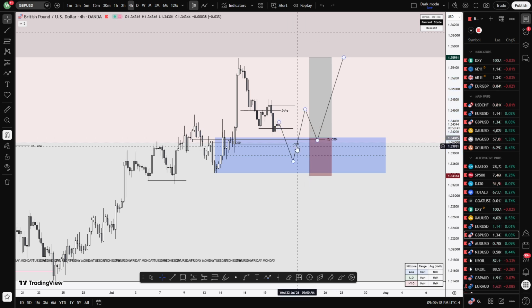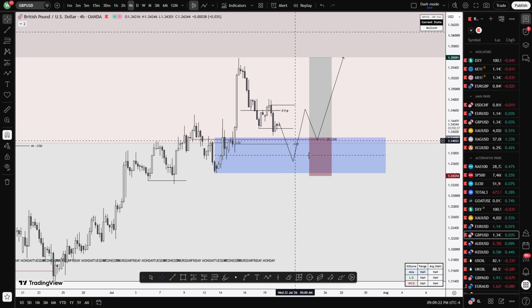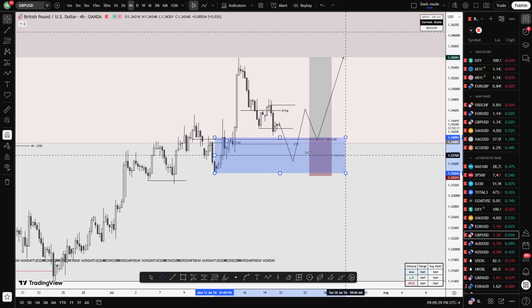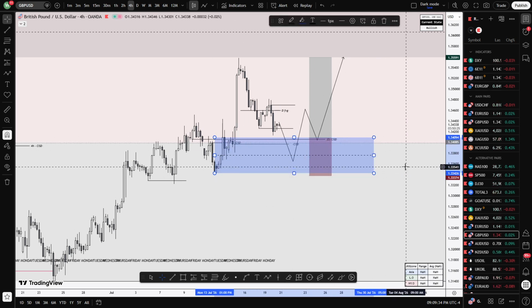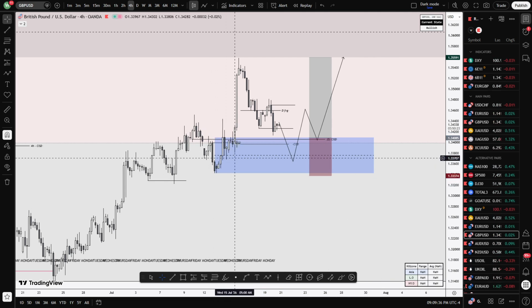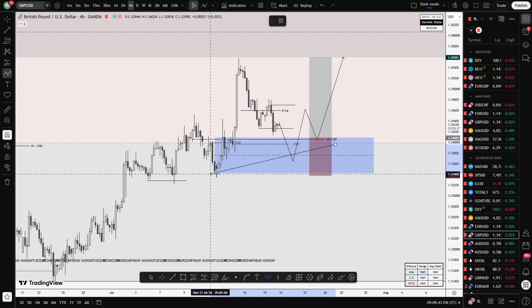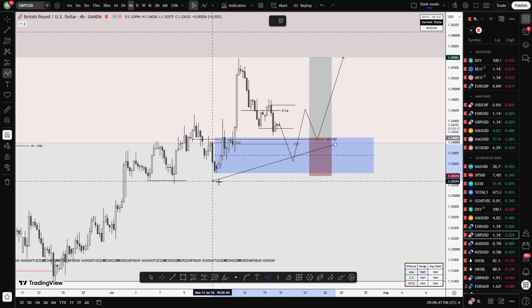So for me to confidently take this long, I would like to see price trade back into this zone here for GU to take longs. And for shorts, I would like to see price trade below this low and break this low, right?